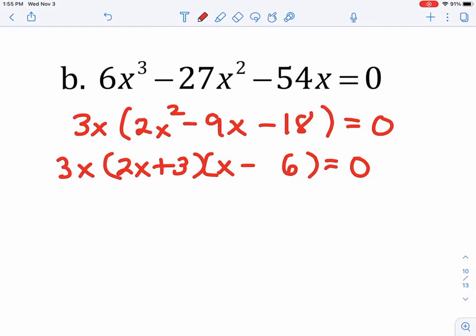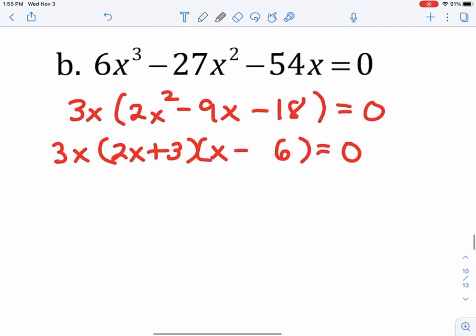So now again, using the zero product property, my answers are going to be 0, negative 3/2 and positive 6. So I get x equals 0, negative 3/2, and positive 6.